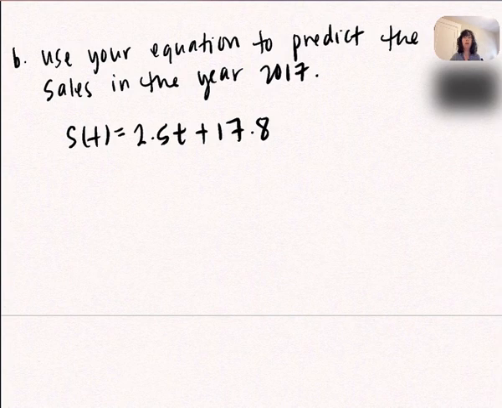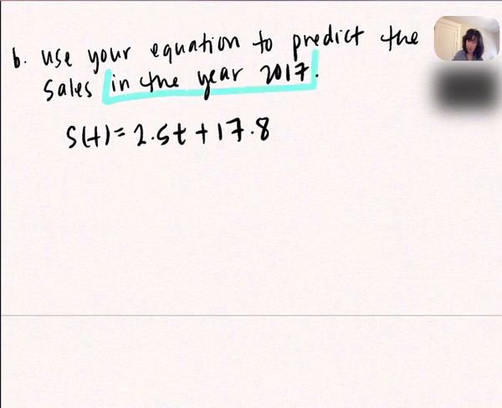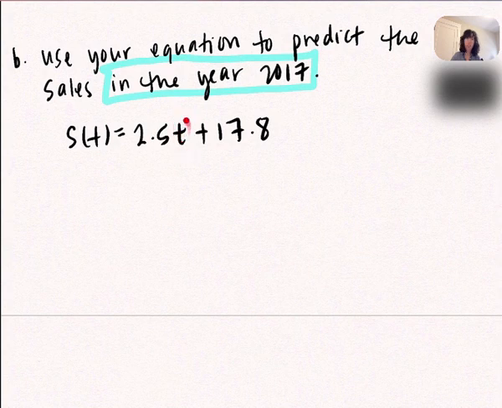Now, we want to predict sales. We want to know what S is when t is a specific value. They say to predict the sales in the year 2017, but we don't want to plug 2017 in for t, or years, because t is supposed to be years after 2010.